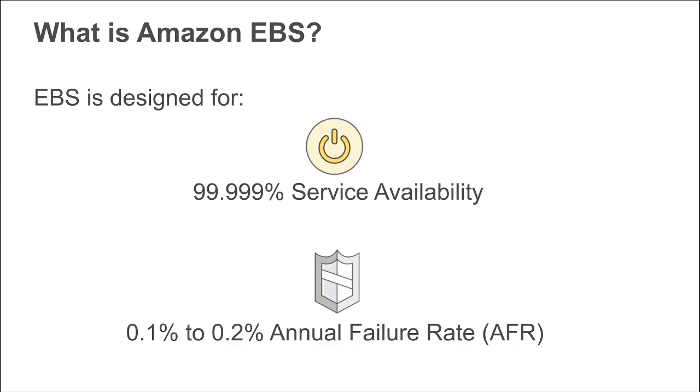The annualized failure rate for EBS is between 0.1% and 0.2%, which is nearly 20 times more reliable than a typical commodity hard disk drive, which has an AFR of around 4%. Just to put this into perspective, if you have 1,000 EBS volumes running straight for an entire year, you should expect 1 or 2 to fail.